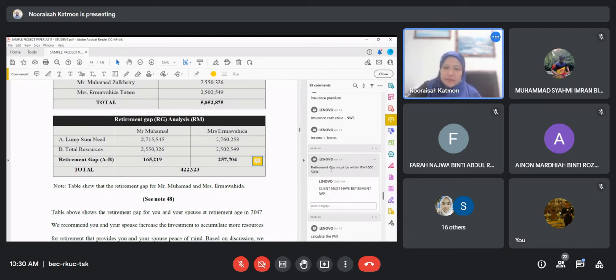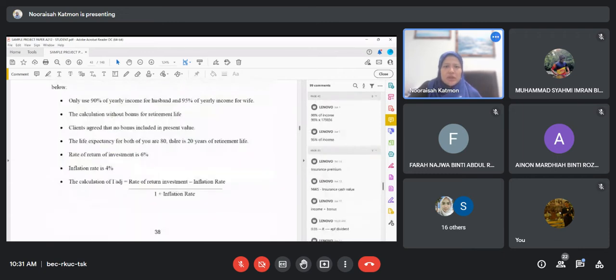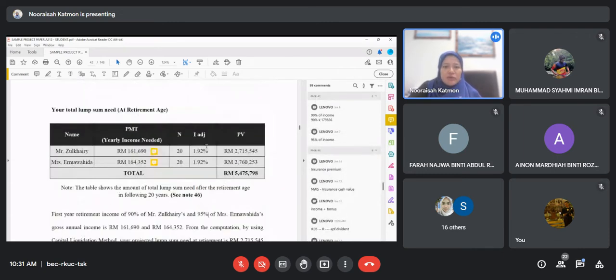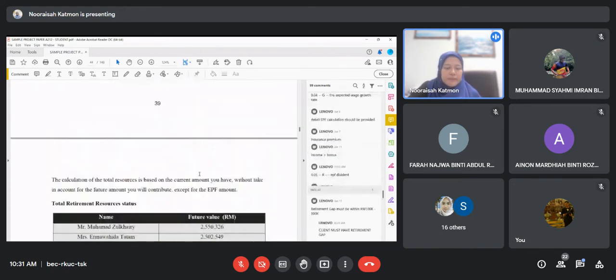100K to 500K. If, for example, you are unable to get a gap, which means you have to make an adjustment at the part of the lump sum, which means you have to increase the percentage here, the 90%, 95%, in the case that you don't have a gap.